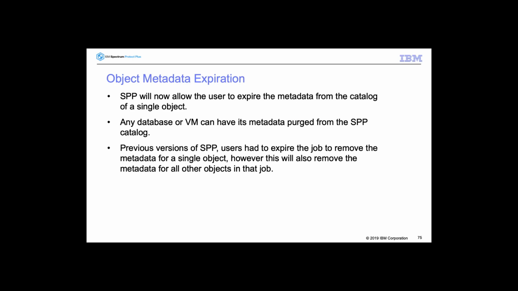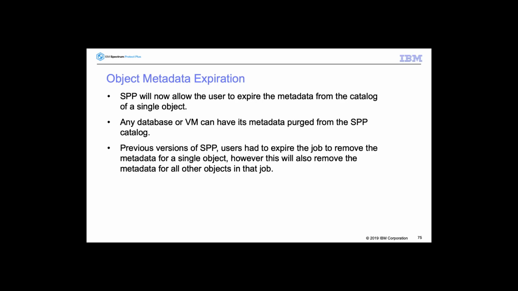Again, the granularity level of metadata expiration. In previous versions of the product, you could expire a particular SLA and the data associated with it. But if you did that, you expired all the VMs associated with that particular SLA. There are certain cases where you obviously didn't want to do that.